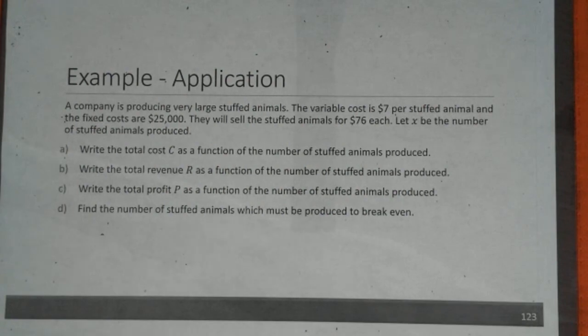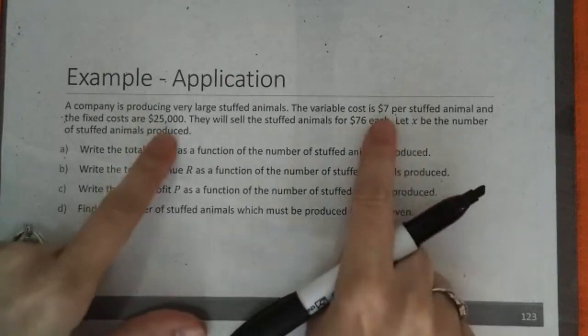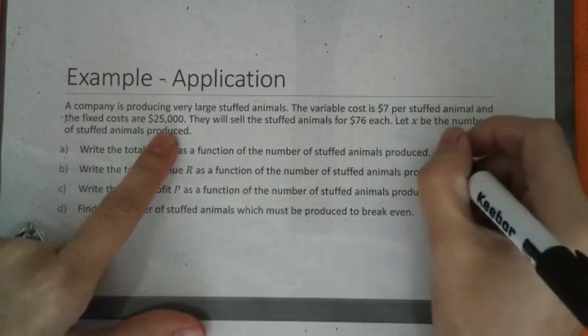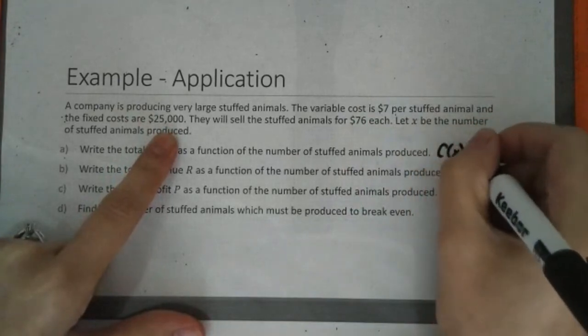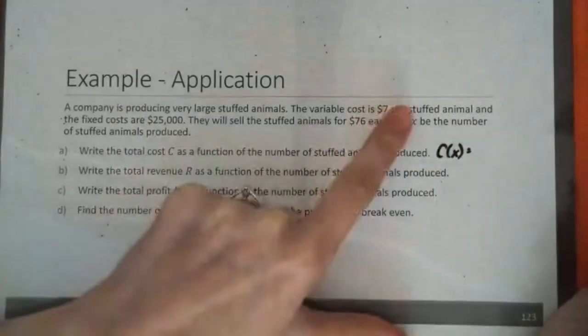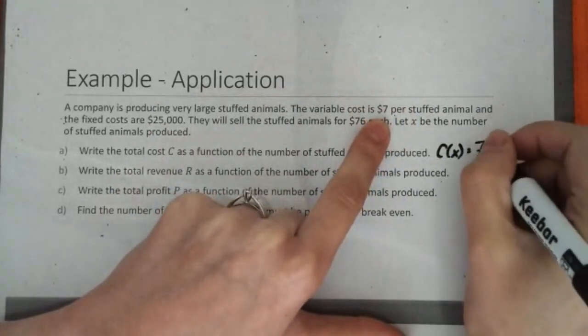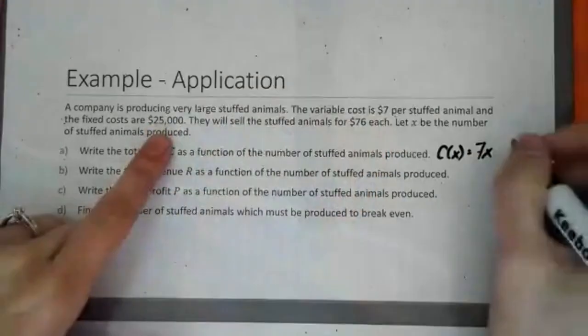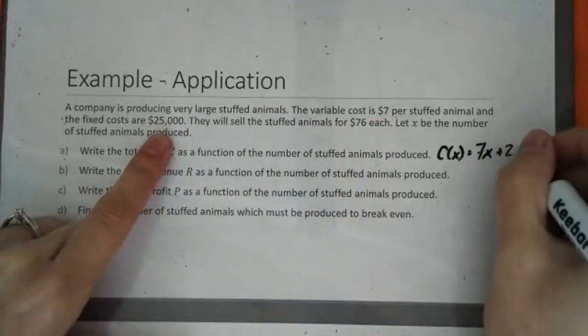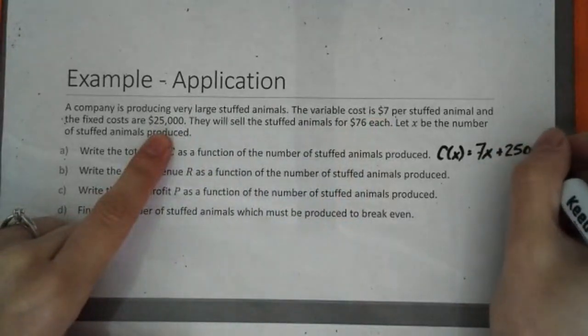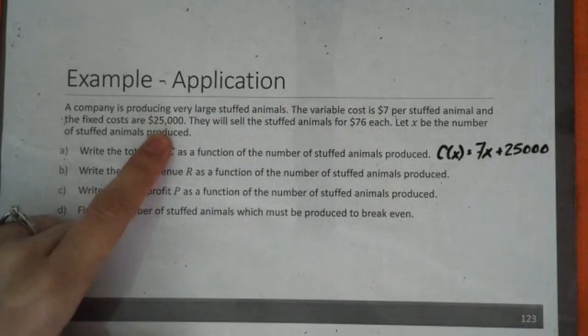So cost, they gave us numbers for cost. So C of X is equal to, I see that per word again, so I know the 7 is going to be my slope. So we'll have 7x plus we have fixed costs. So right up front, we're going to owe $25,000.